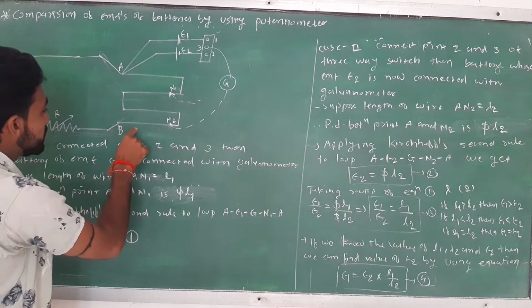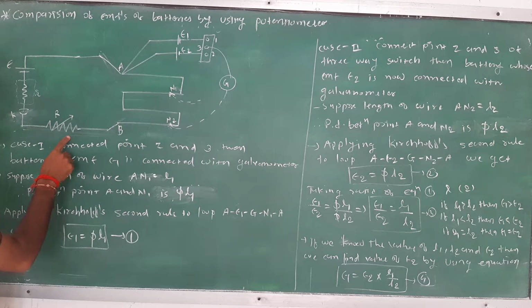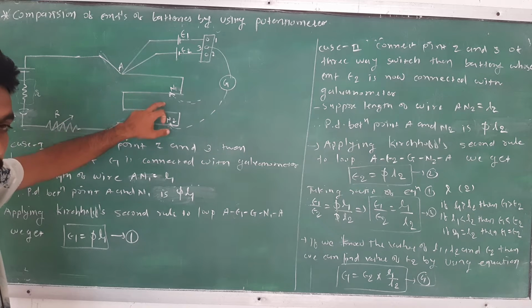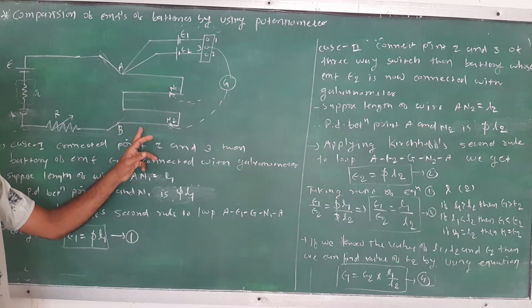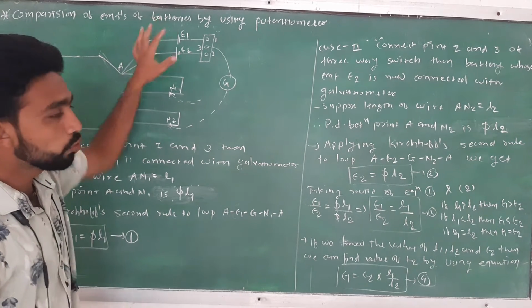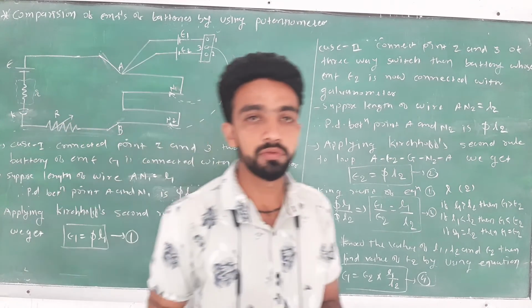This wire AB is connected in series with a variable resistance or rheostat, key K, and a battery whose EMF is epsilon and internal resistance is R. Then you connect the batteries whose EMF you want to compare.